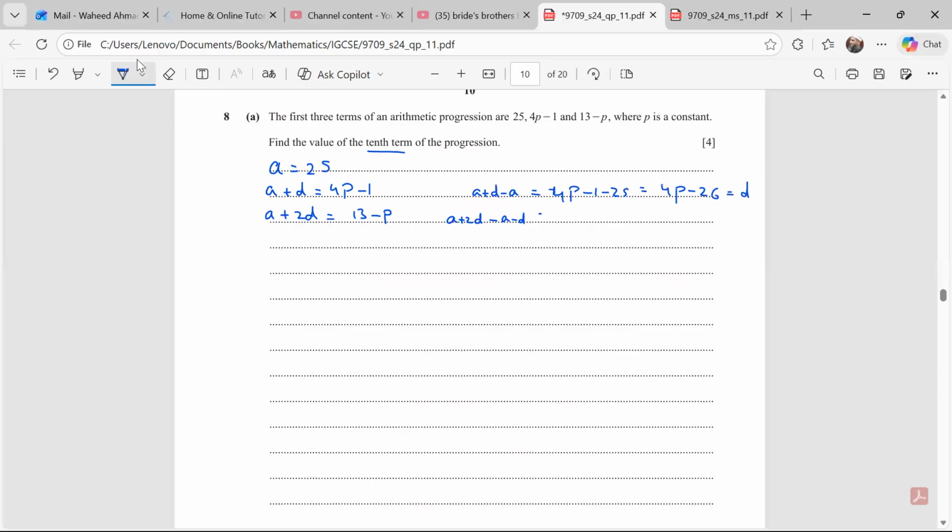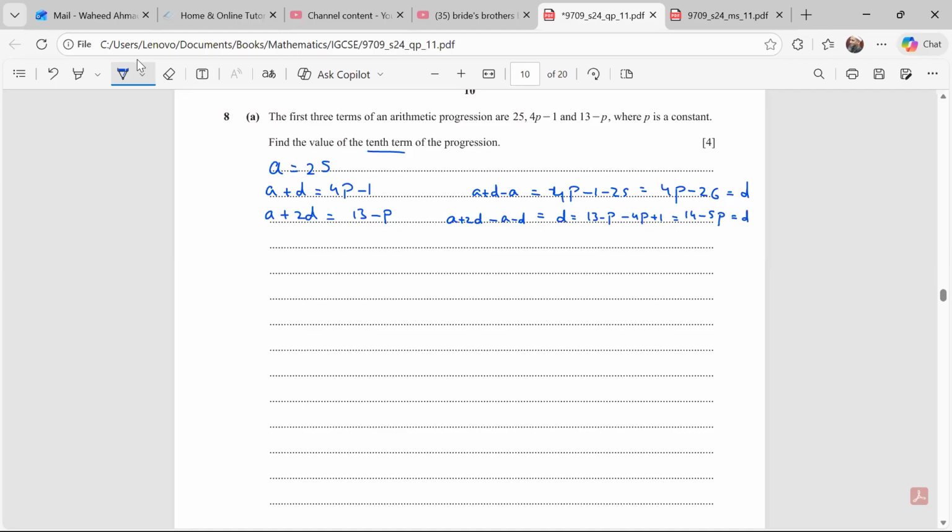And here I will have 13 minus p minus the second term, which is minus 4p plus 1. So it is going to be 13 plus 1, 14, right? It is 14 minus 4p and p. So this is minus 5p. Okay, so this is also equal to d.